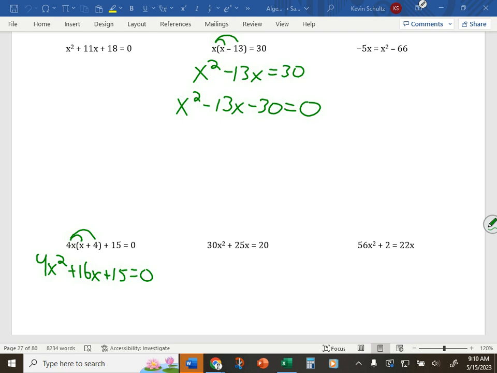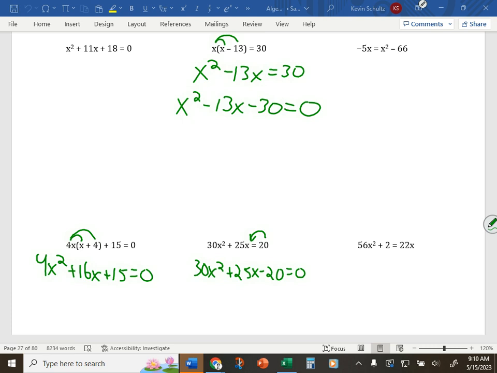These other two here, you just have to make it equal 0. Move this negative 20 over using opposite operations: 30x squared plus 25x minus 20 equals 0.